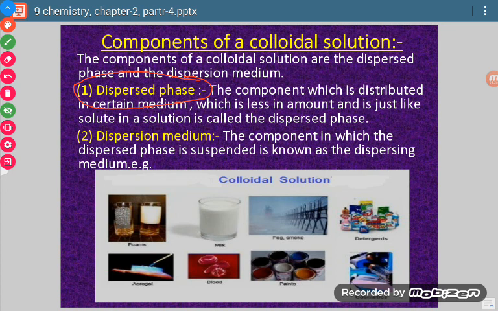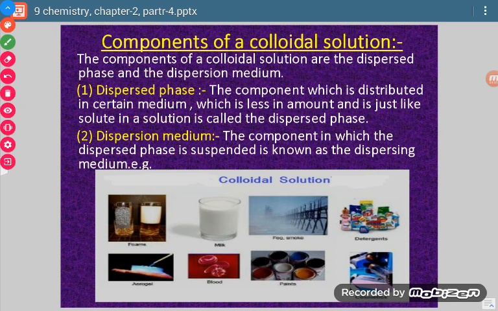Dispersion medium is just like solvent. Solvent in a solution is in more amount and is the thing in which the solute is distributed. Similarly, dispersion medium is present in more amount, in which dispersed phase is distributed. So we can compare these two with solute and solvent.